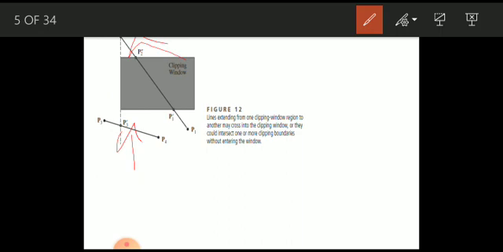As you can see, there are no points or line segments that lie beyond the right boundary. If this is the right boundary I'm talking about, there is no point that lies outside it, and hence we are not supposed to find any intersection points for P1 and P2, or for P3 and P4.